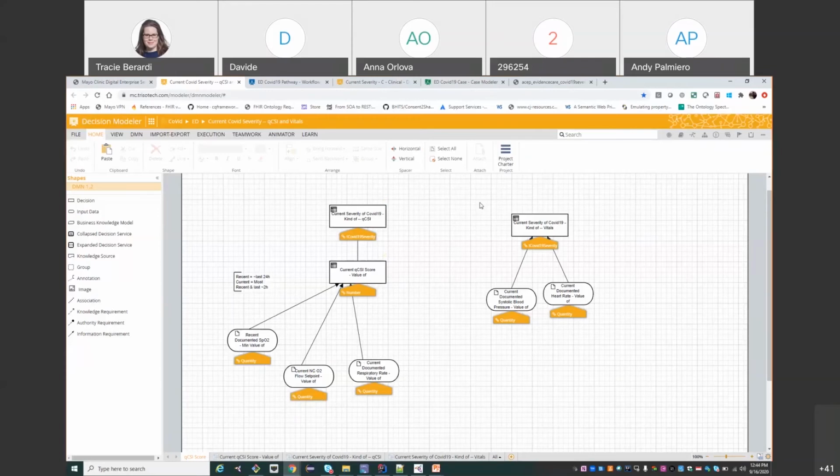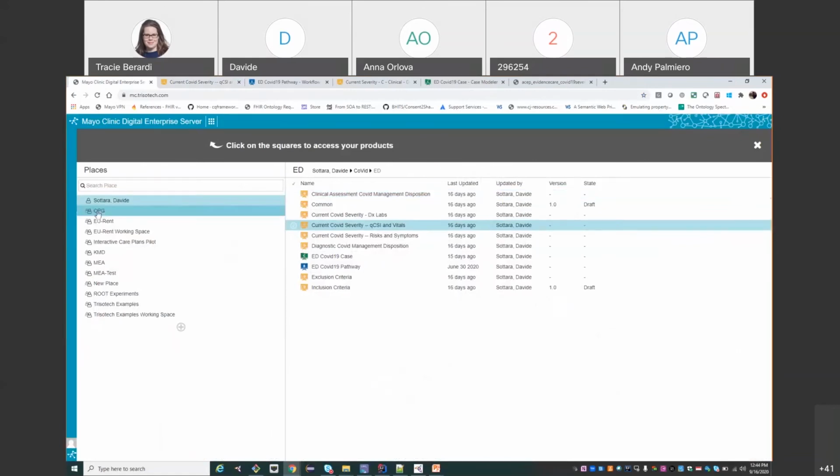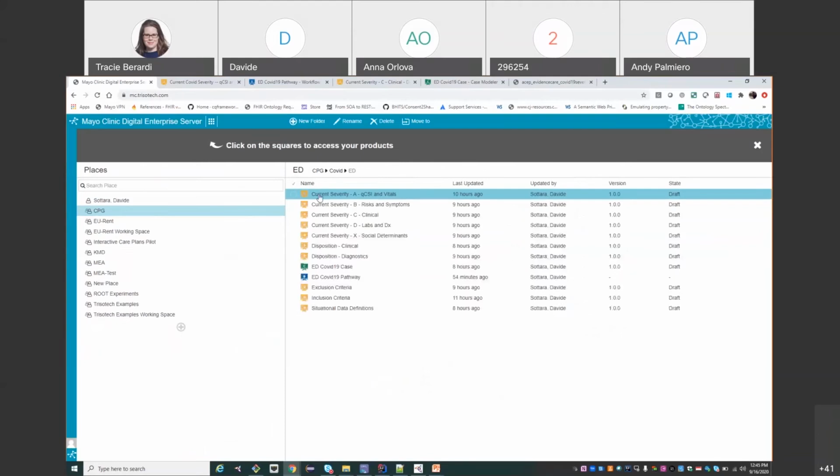In parallel, looking at vitals, specifically blood pressure and heart rate, but however many others. Oops, by the way, I'm looking at the wrong models. Well, very similar.